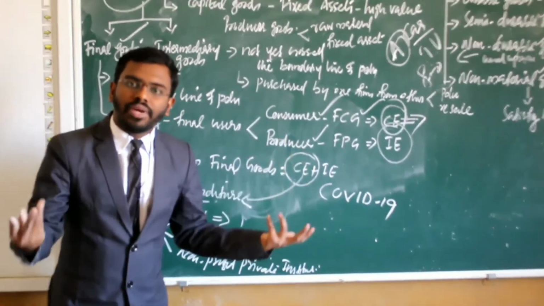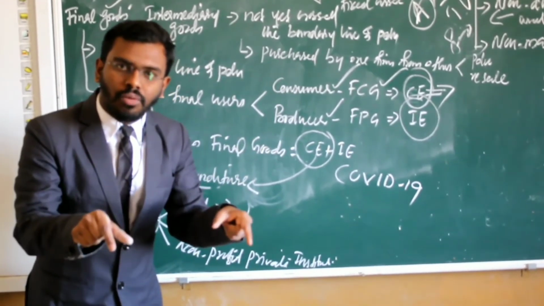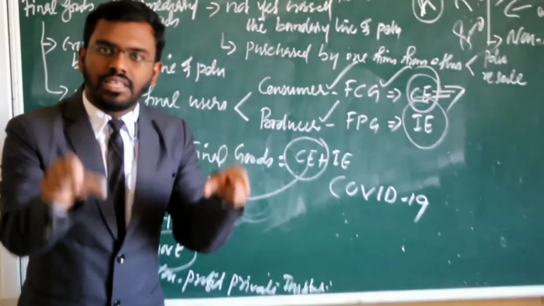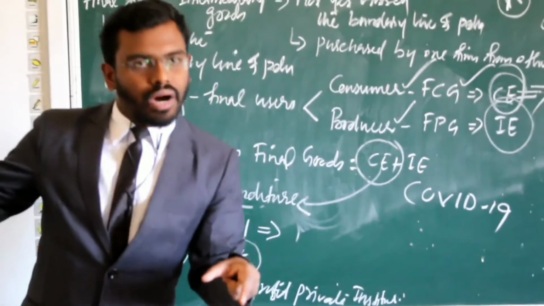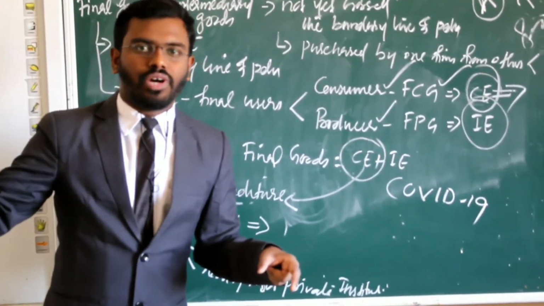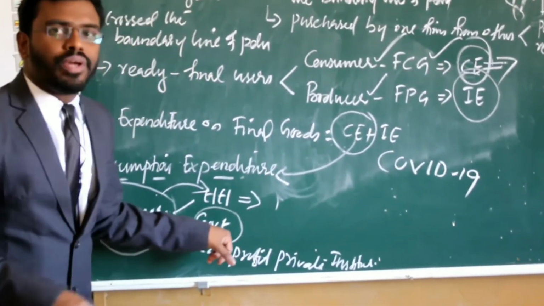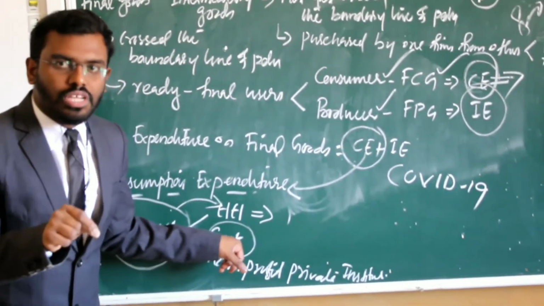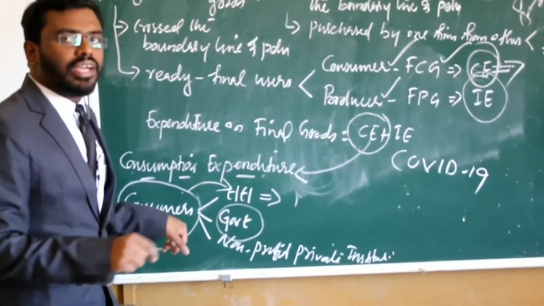From where is the government getting this food item? The government purchased this food item from the market or from agricultural workers. So there the government purchased some final good. So government is also a final consumer.